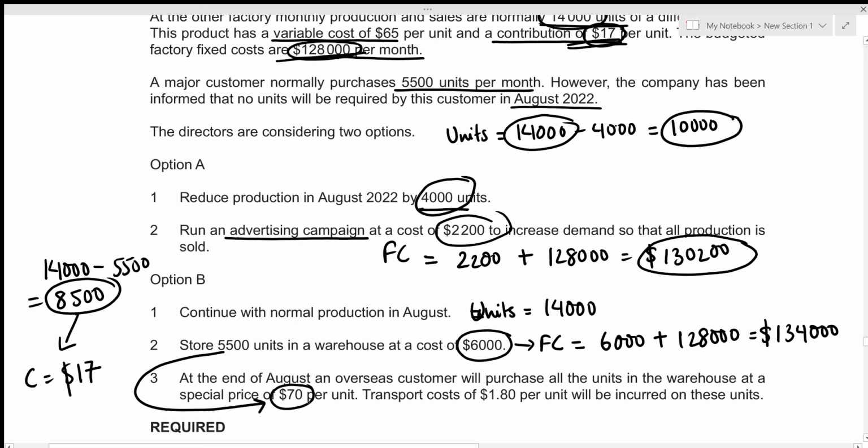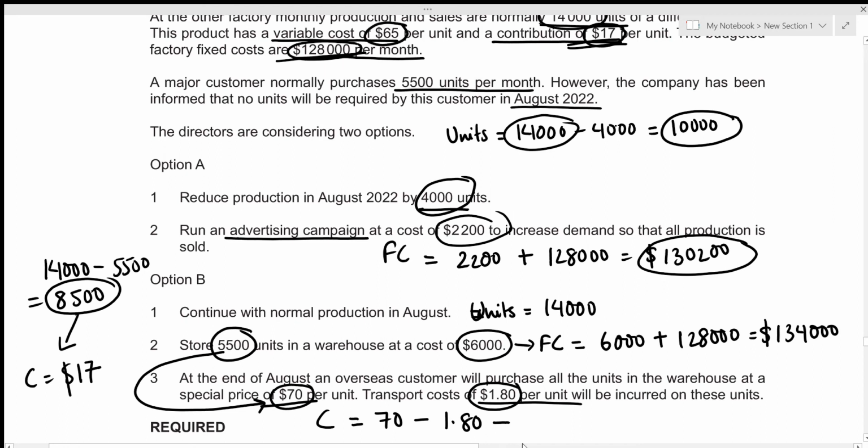So let's figure out our contribution for these 5,500 units. That's just going to be the sales minus our variable cost. The selling price is 70. Now we just need to subtract our variable cost. The transport cost is per unit, which means that this is a variable cost, so we need to subtract this as well. That's 1.80, minus the existing variable cost given above, which was 65 per unit.